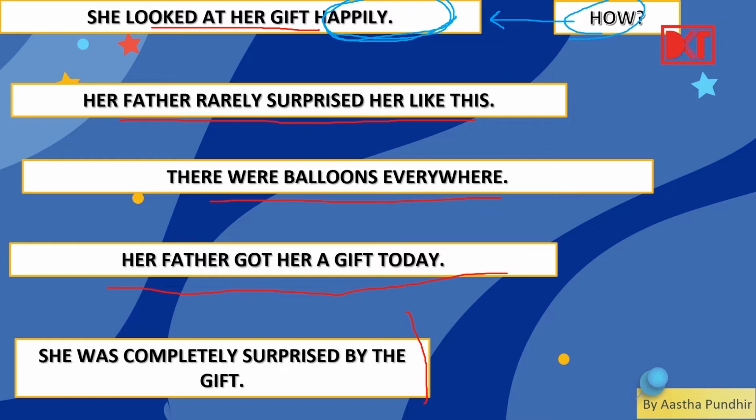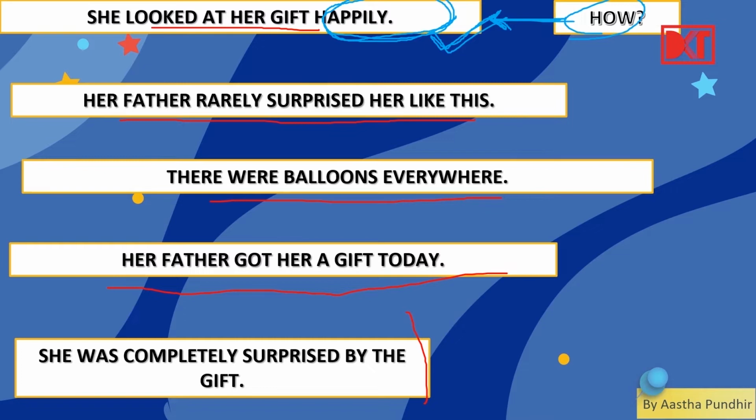What definition of adverb did we read? Adverbs are the words which describe a verb, adjective, another adverb, and answer any of these questions. How, to what extent, etc. So which word is answering this question? Happily. And what is happily describing?